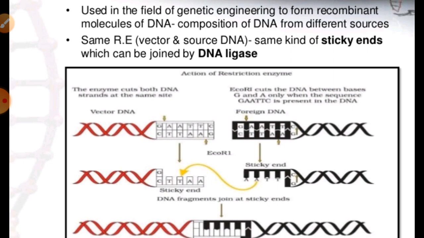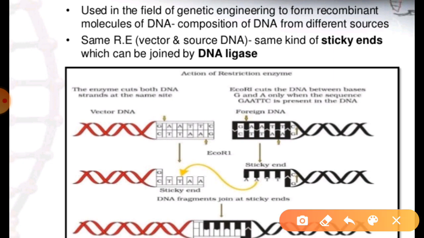Right? It is very necessary. It is a very important point that without using the same restriction enzymes, they can cut at any places, and your process cannot be completed. In that condition, you need the same kind of restriction enzymes, as you can see in the diagrams.